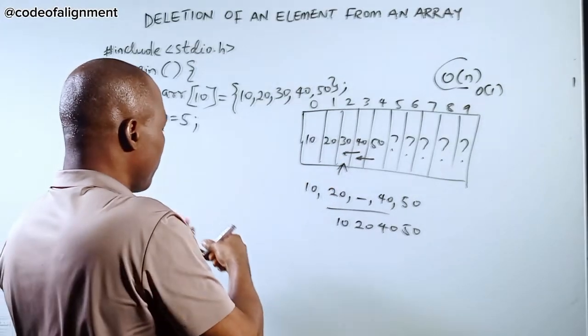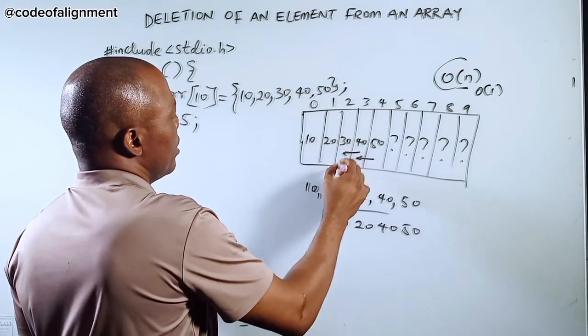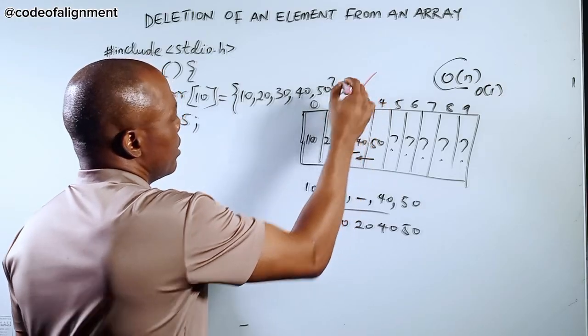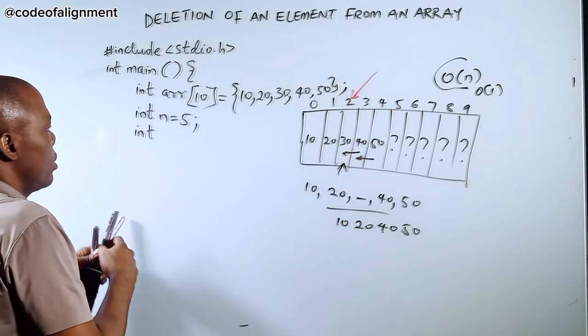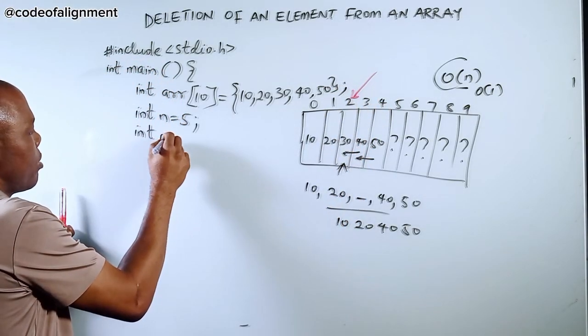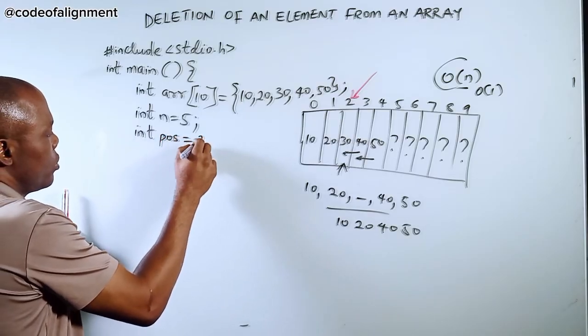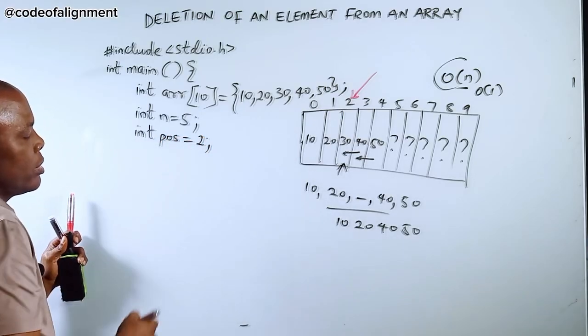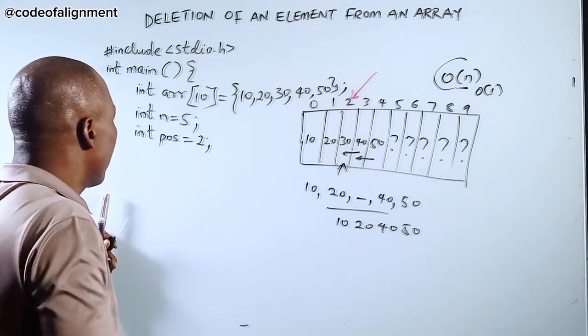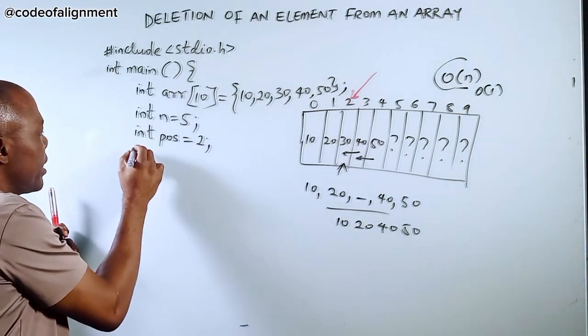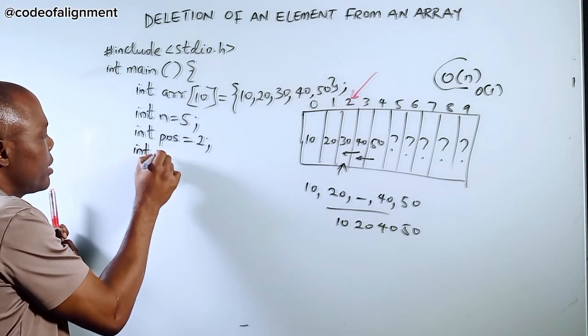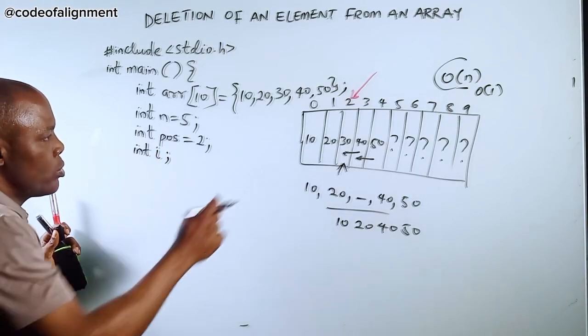I want to delete from this position here. So this index 2. So int, I'll call it pos, position 2. So that's where I want to delete from. Okay. Now I'm also going to declare my loop counter, which is i, the guy I will use to do the traversing.